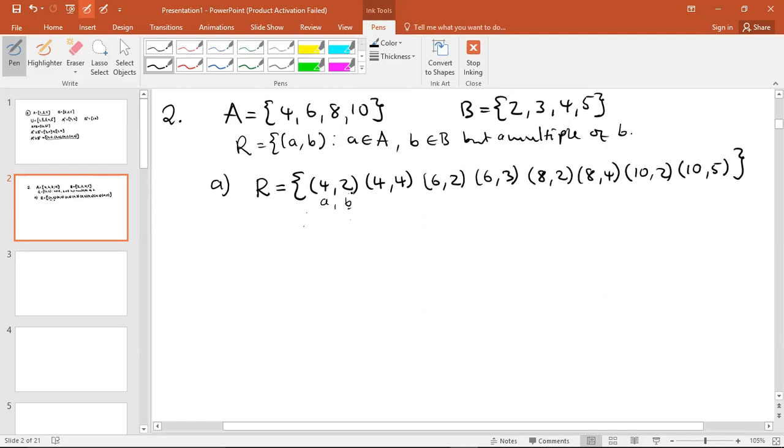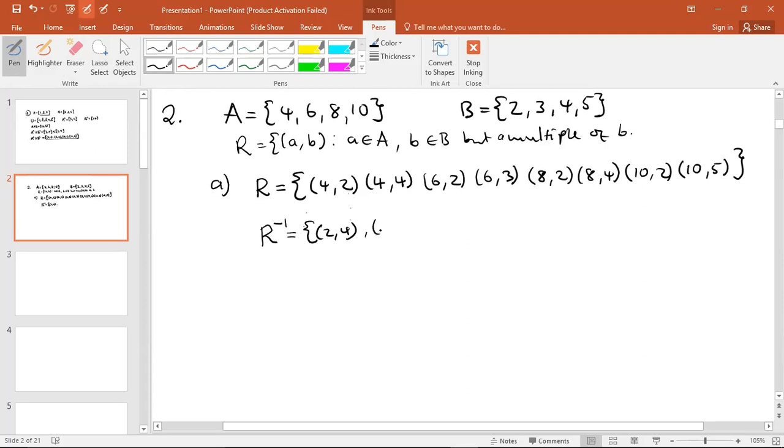In other words, b is a factor of a, since a is a multiple of b. So numbers that can go in, that's how we are not just guessing these things, but as instructed according to the definition. So having done that, if this is our R, then its inverse, no need for you to even think, just swap. Just swap. 4, 2 becomes 2, 4.